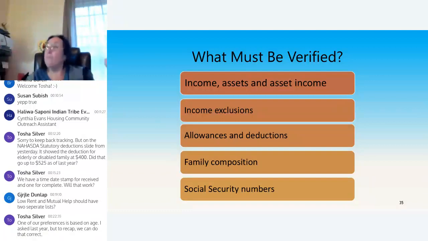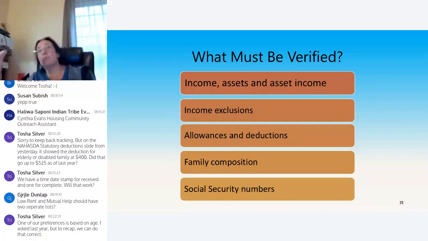The family composition has to be verified. You have to verify the ages, and the reason is that to be eligible for certain deductions, you have to be of a certain age.